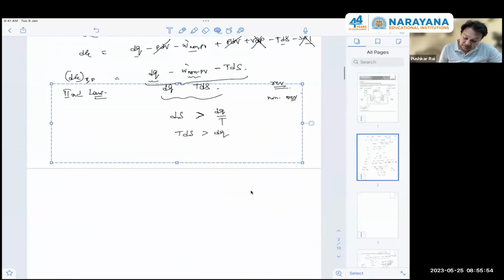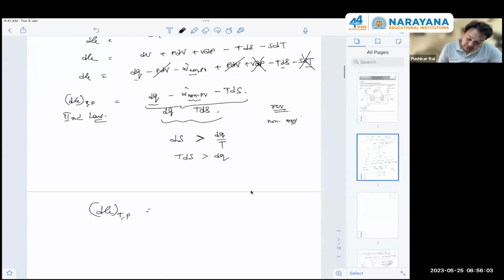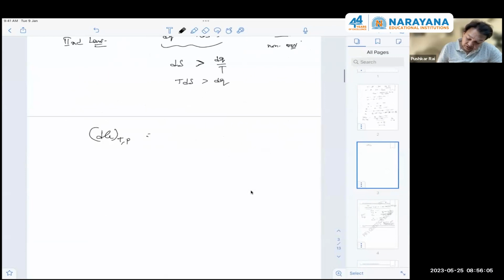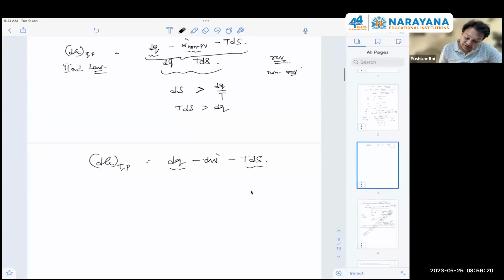If that is the case, then can we write that dG at constant T and P is equal to dq minus dW dash minus TdS. And now if we take these two terms, we already saw that TdS is always going to be greater than dq. If TdS is always going to be greater than dq, that means what?